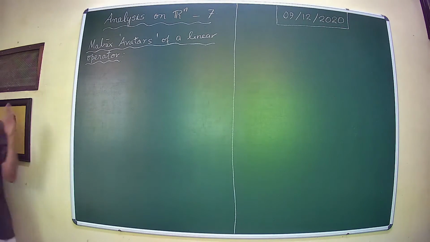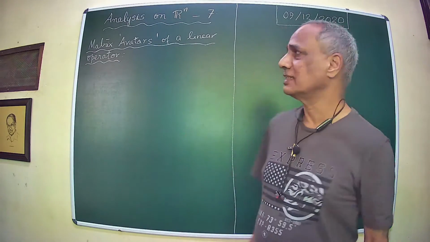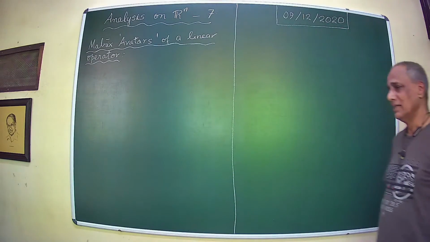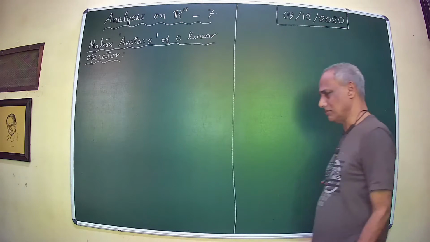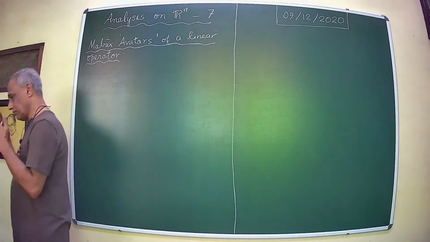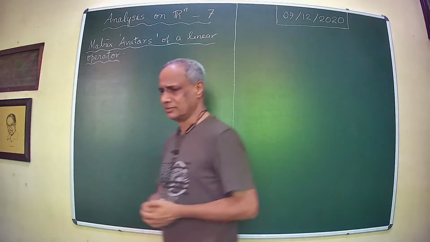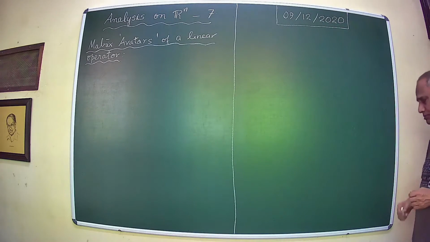Of course, as I said, in a more general scenario, you can say that X is a linear space over a field R. Okay, so that is possible.